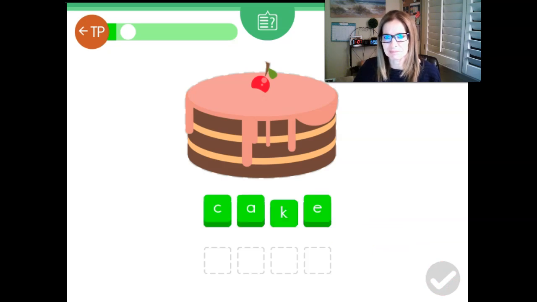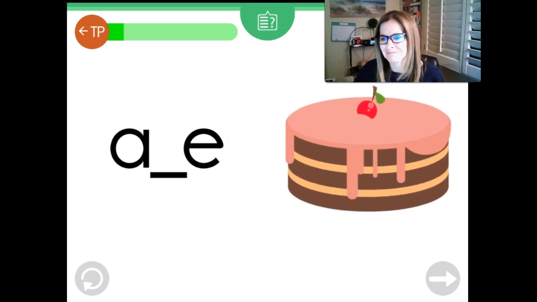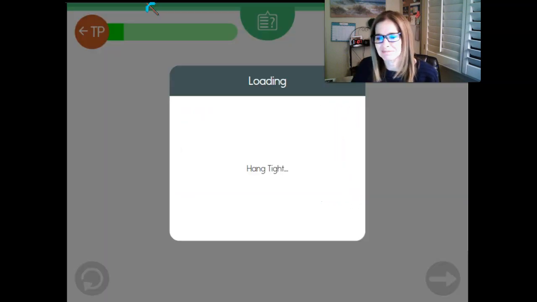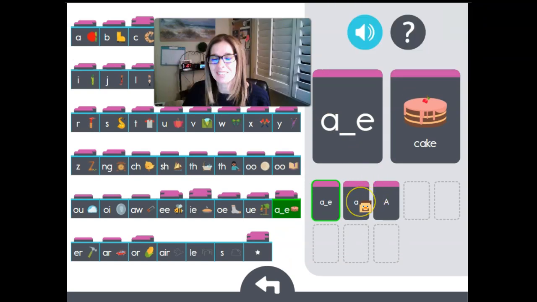A. Cake. The cake sound says A, cake, cake, A. And up he goes into that spelling card for the A sound.